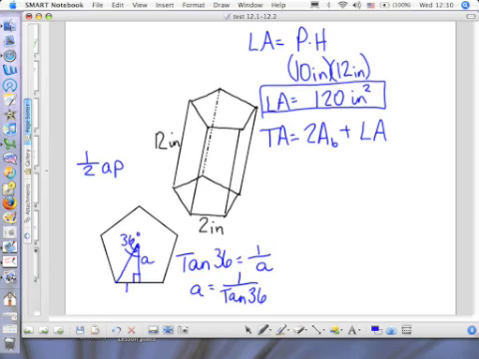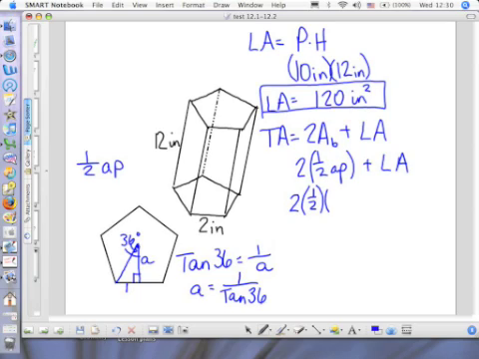Okay, so now let's get more specific here. We have 2 times the area of our base, which is 1/2 AP, plus the lateral area. Well, what's A? Keep as many decimal points as you can.